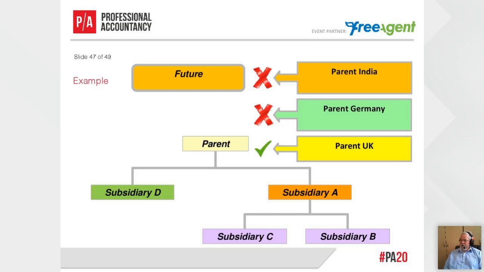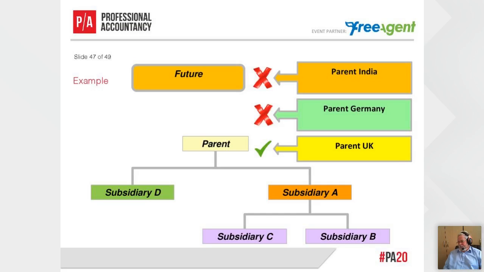Therefore, these 3 entities will be required to have an audit, possibly for the first time in many years. When you see these situations arising, very often this audit exemption has been in place for a considerable period of time. In other words, the entities have become used to it.